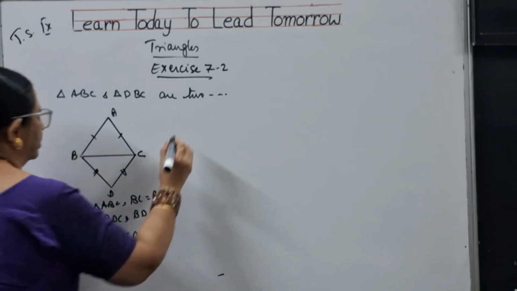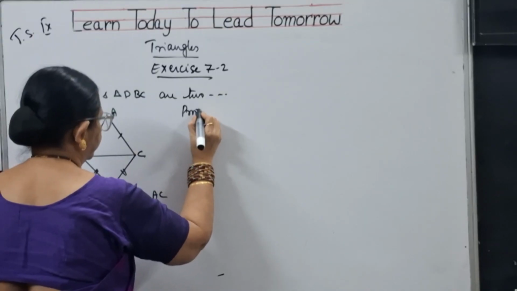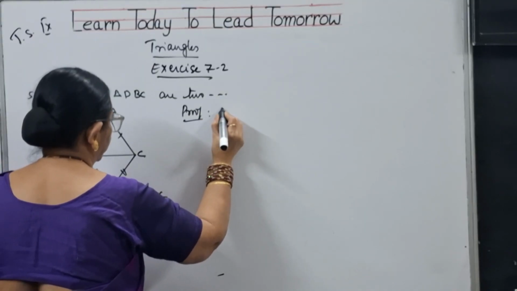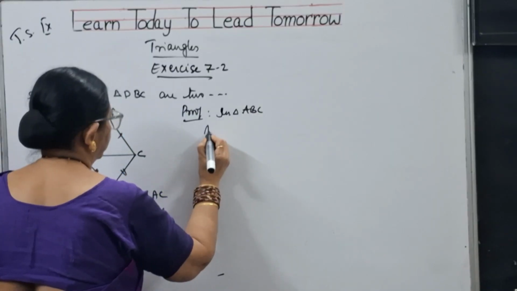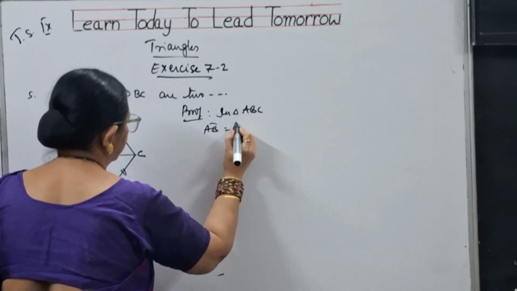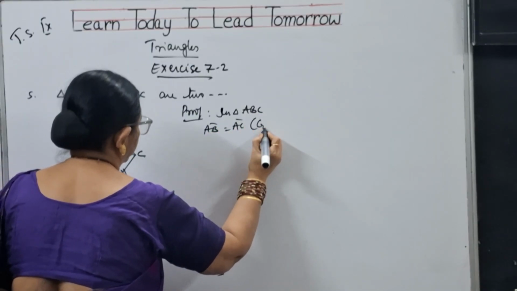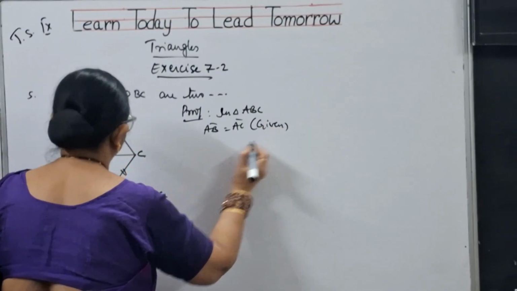Now let us go for the proof. In triangle ABC, AB is equal to AC. This is given.